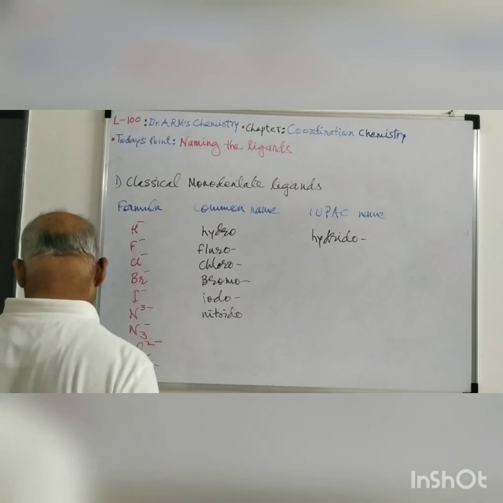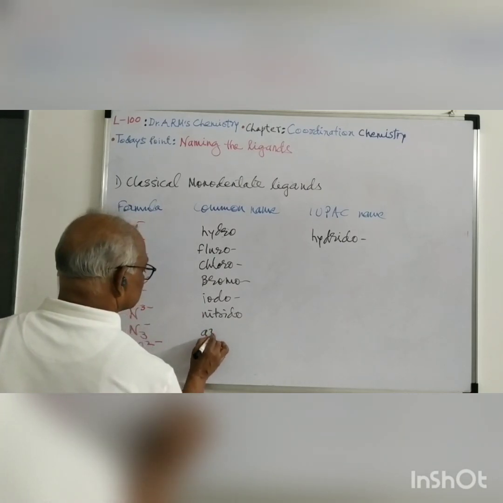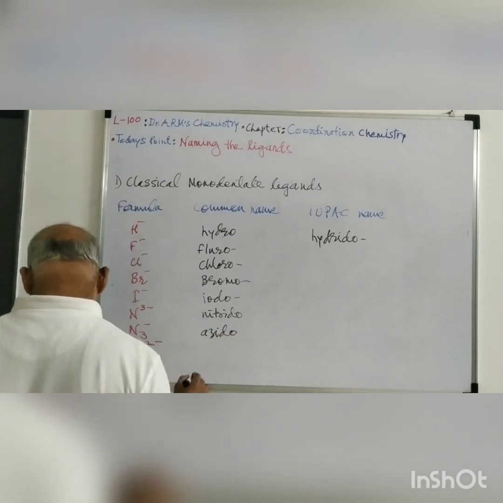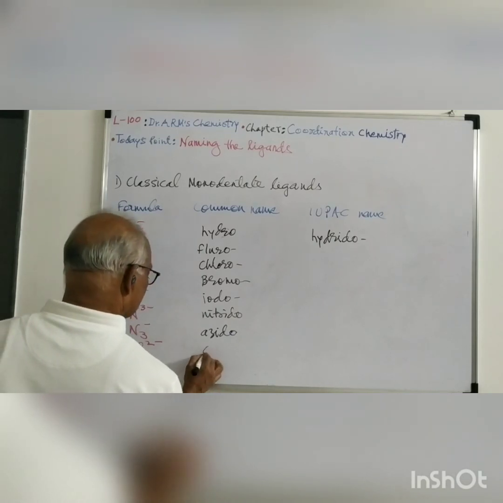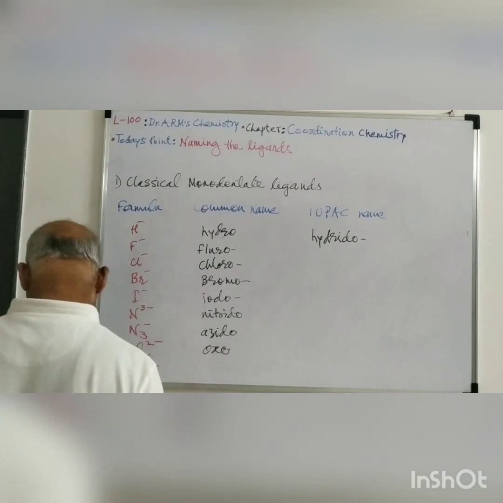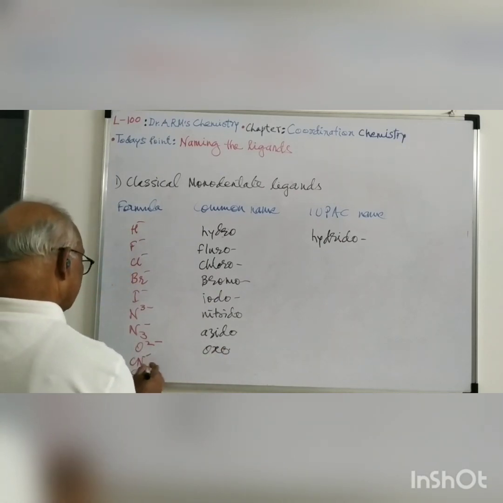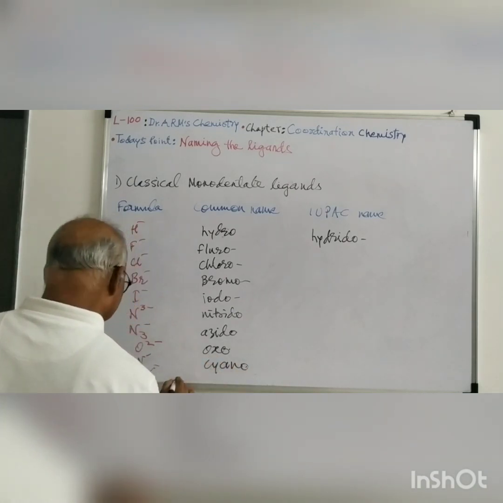There are 3 nitrogens, so it is called azido. Then this is called oxo. The common name is oxo. And another is cyano. This is thiocyano.